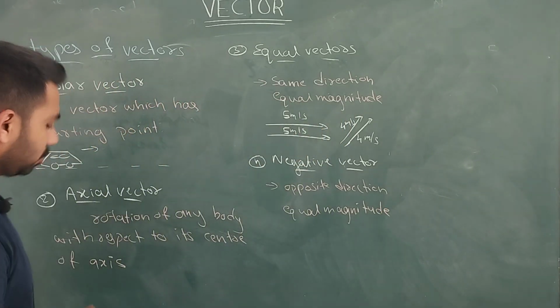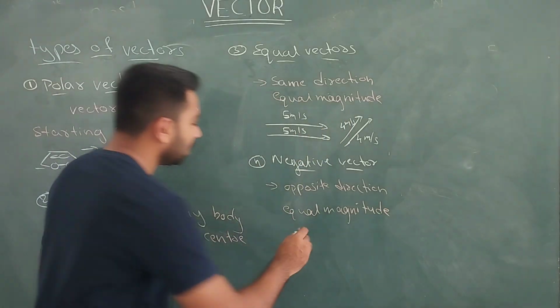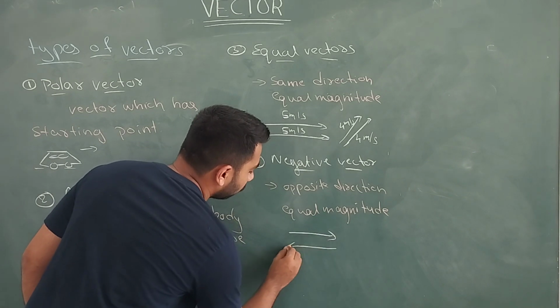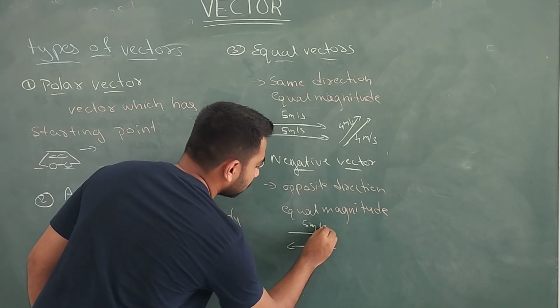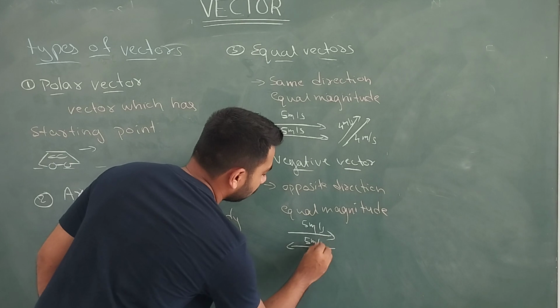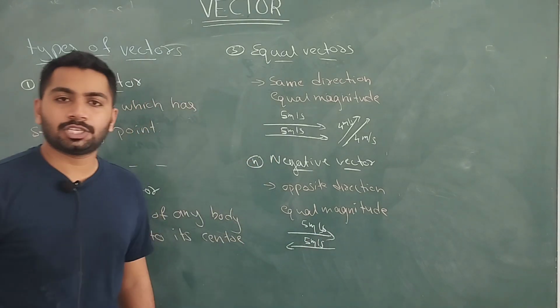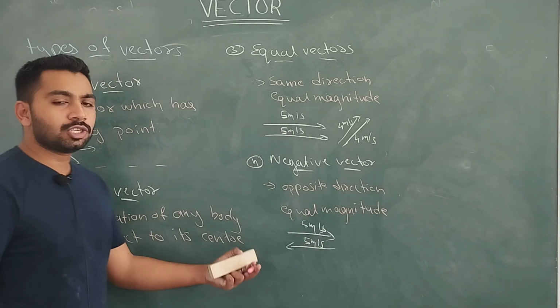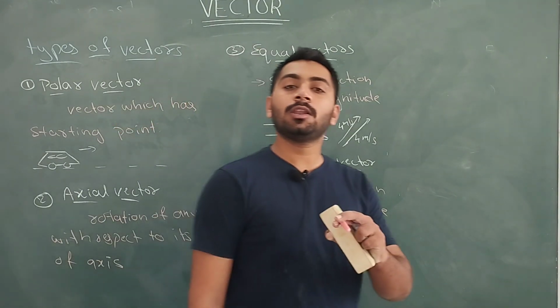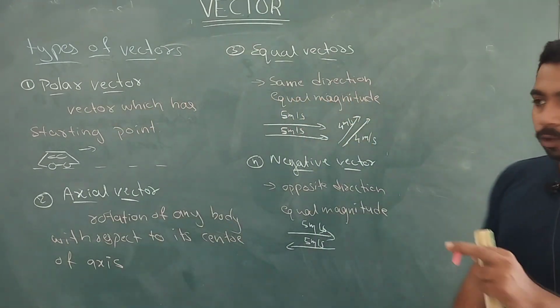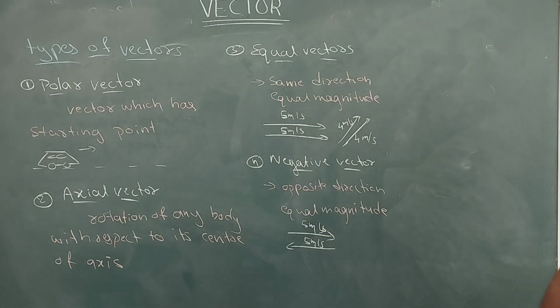Simple things need simple solutions. For example, 5 meter per second. Now is it the same direction? No, it is the opposite direction. This opposite direction is represented by i, j, k. I will tell you. Now this is your negative vector.